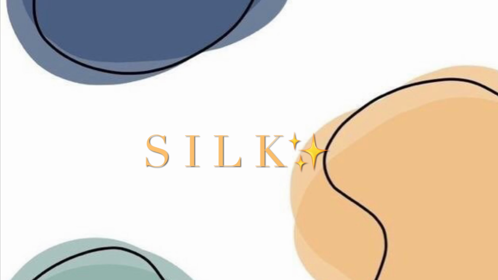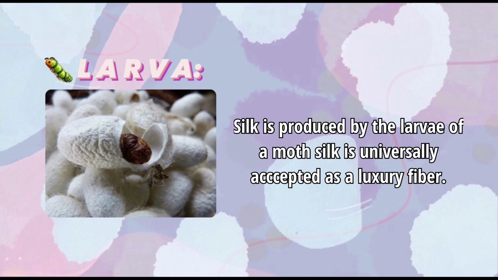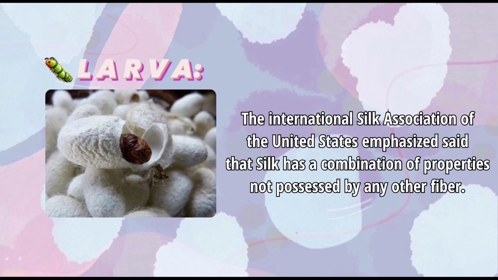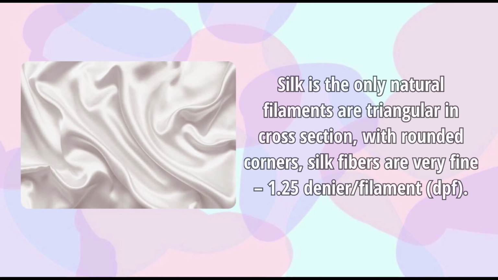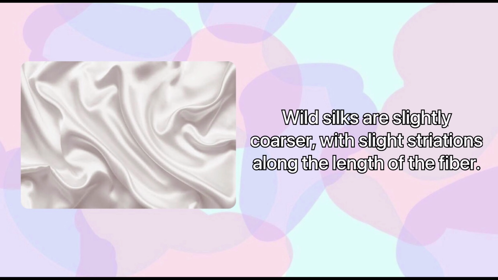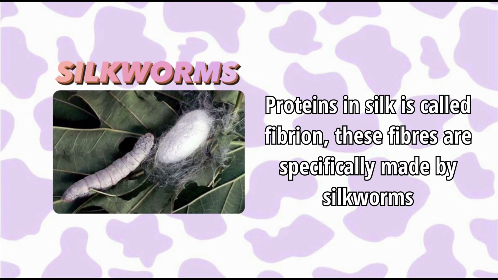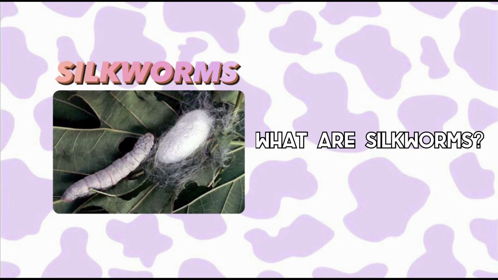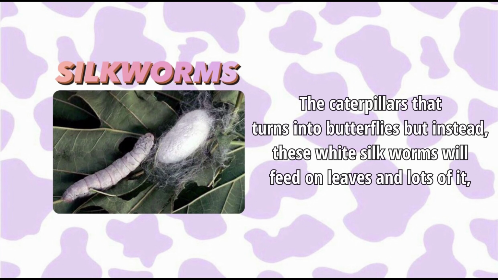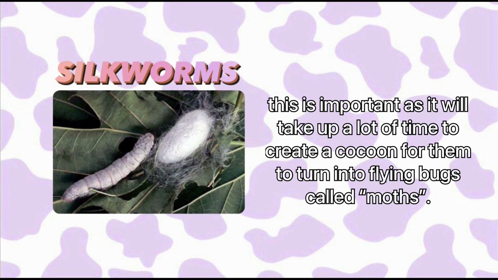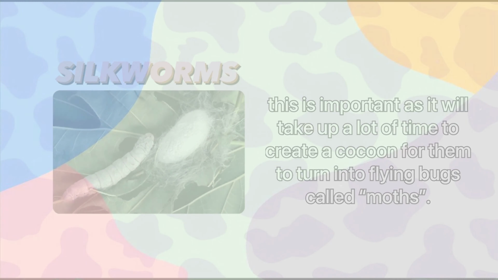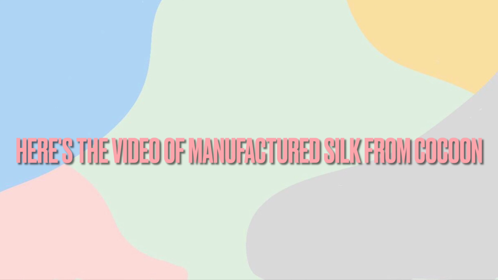Silk is a natural fiber that's similar to wool in that it's composed of amino acids arranged in polypeptide chains, but it's not cross-linked because silk is produced by the larvae of moths. Silk is universally accepted as a luxury fiber. The International Silk Association of the United States emphasized that silk has a combination of properties not possessed by any other fiber.